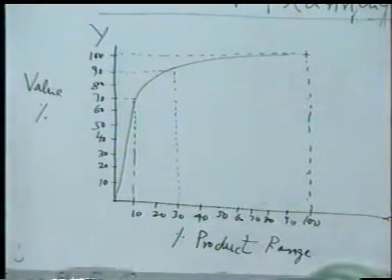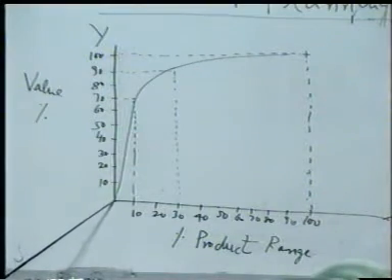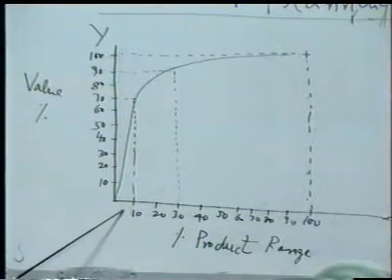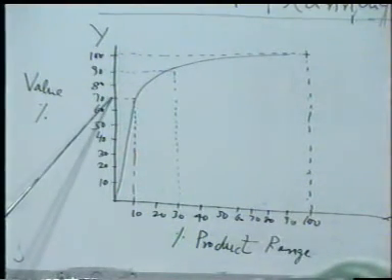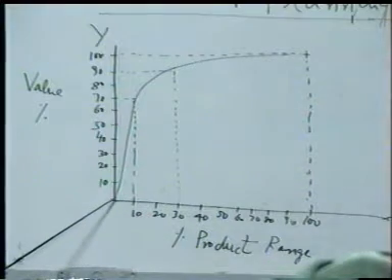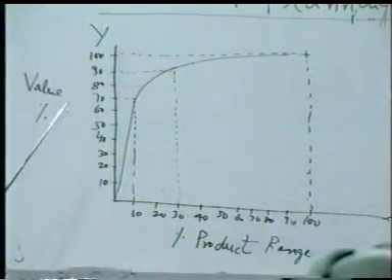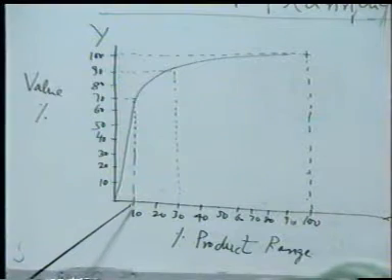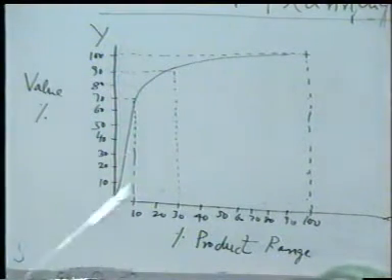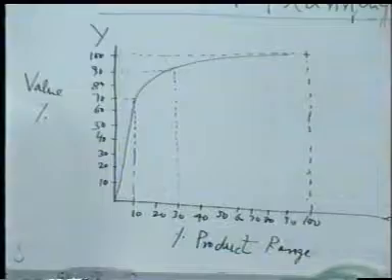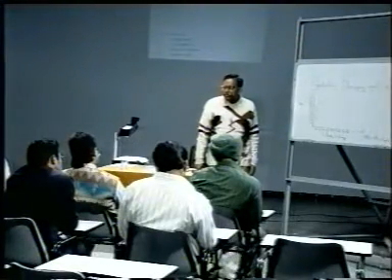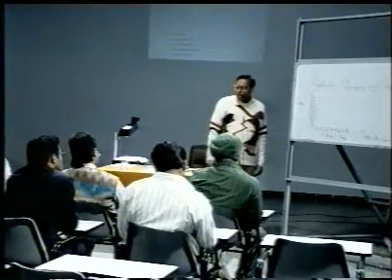So in many situations you will find that a very small percentage of products has very high value. In this figure, 10% of the products have 70% of the value. Products falling in this 10% range are known as category A products. They are classified as A class products.